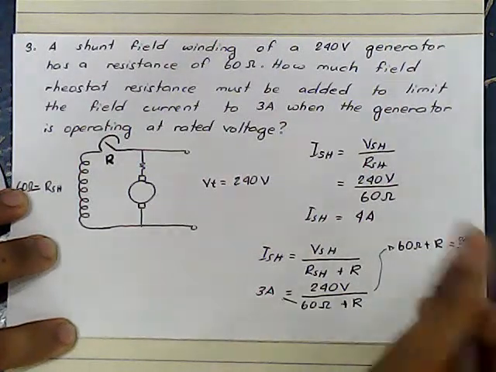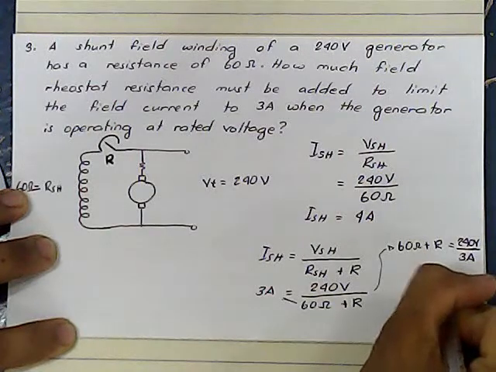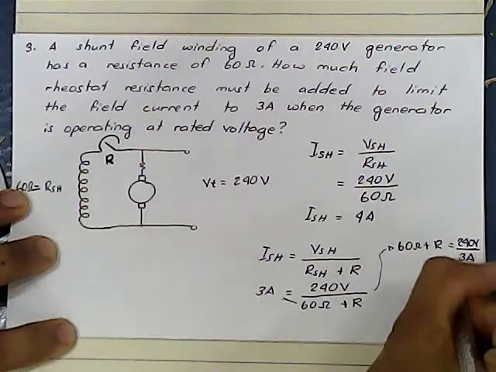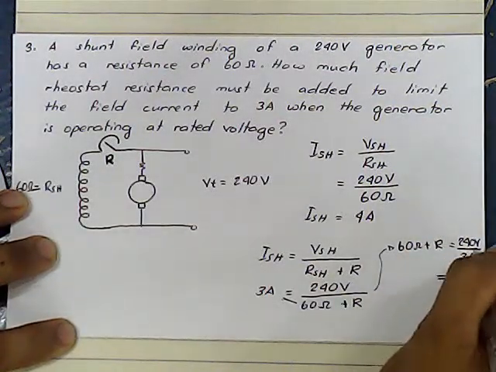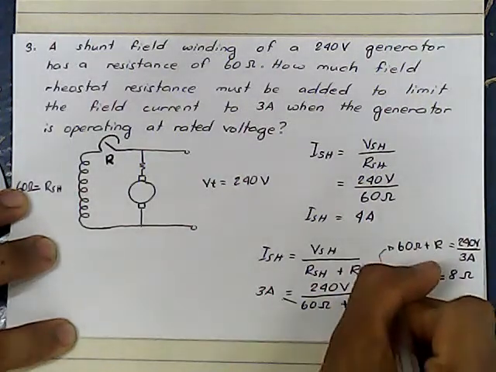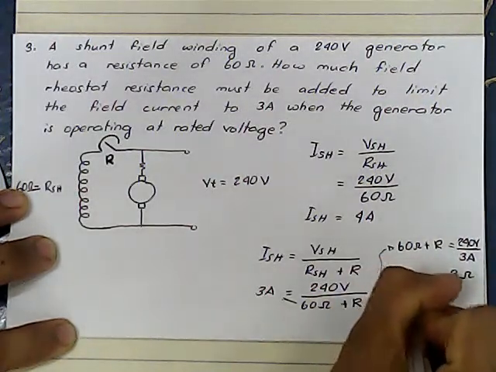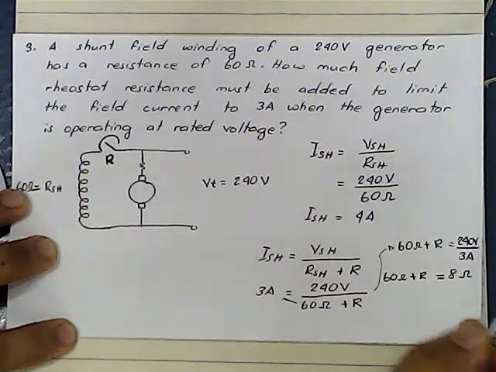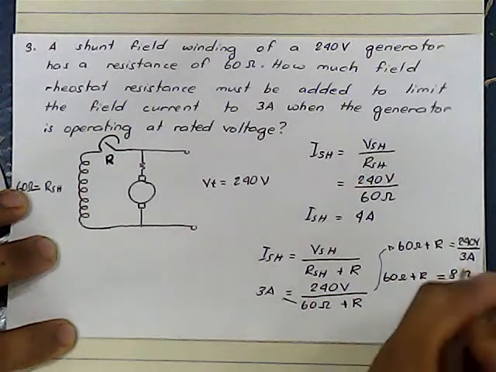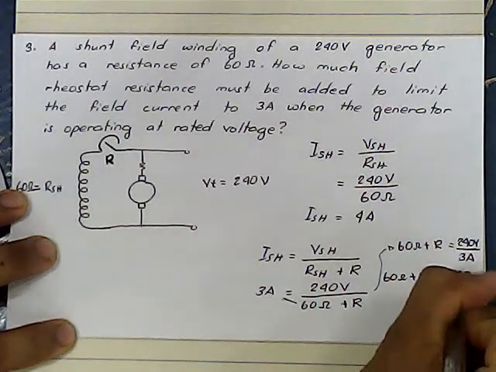So una muna, i-check muna natin ito, 240 divided by 3, that is equivalent to 80 ohms. Since that is volts all over amperes. So, dito tayo, 60 ohms plus R. Ngayon, gawin lang natin, sorry, it's not 8, that is 80.